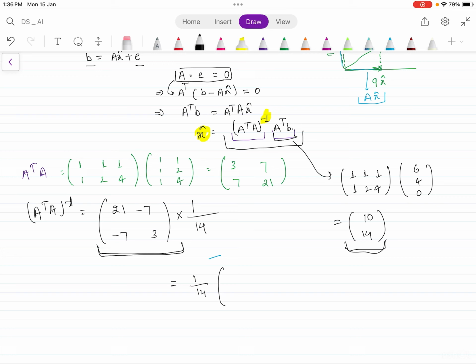So that will be 1 by 14, and here we will have 210 minus 98, so that will be 112.